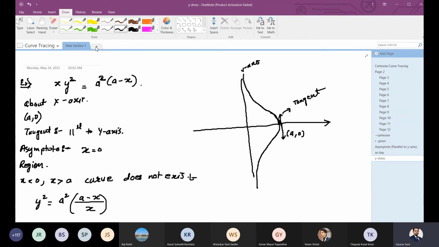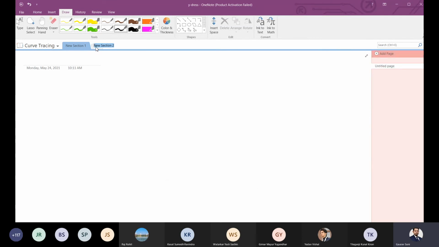So the next type of curve that we need to see is the polar curve. I'll just start with the basics because polar coordinates are something we are not much familiar with. In the polar coordinate system, each and every point in a plane is identified by (r, theta).